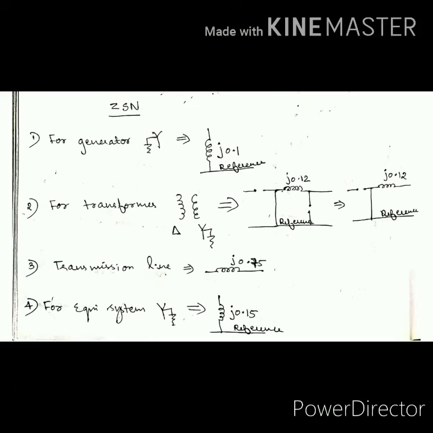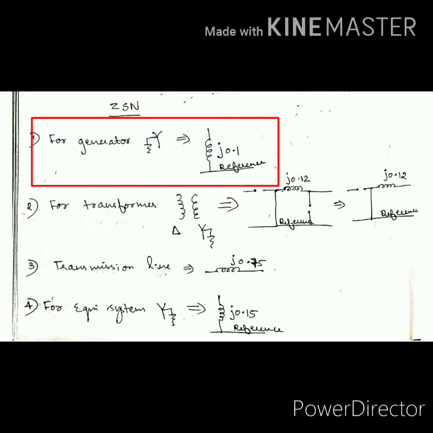Okay, and finally you have to draw the zero sequence network. This is the one where you have to be very careful. First we will see the generator. When it is the zero sequence network, you have to see the connection of the generator also. How is the generator connected? It is a star whose neutral is solidly grounded.